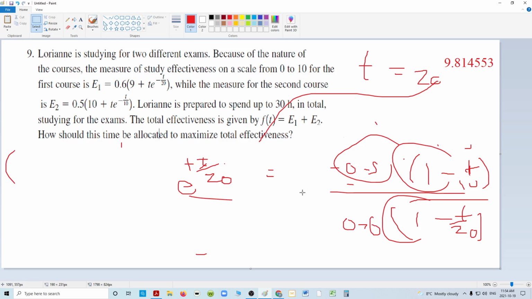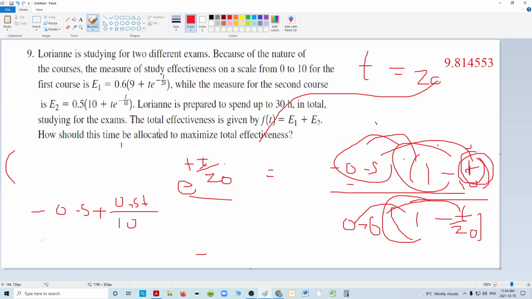Wow. I would suggest instead distributing this. And then you notice you're going to get a ln t over here. Well, actually, maybe we're almost there. Minus 0.5 plus 0.5t over 10 over 0.6.